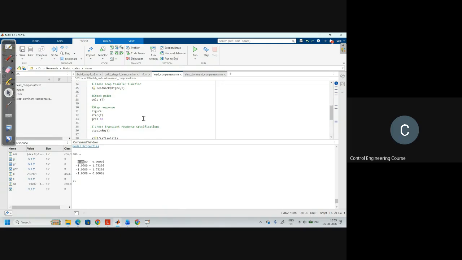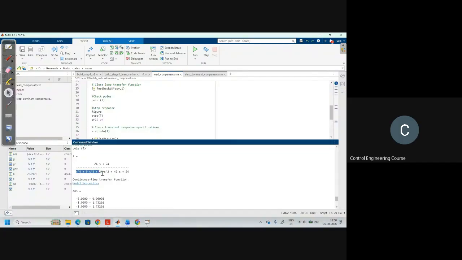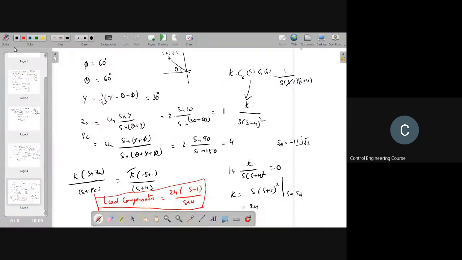The reason for this is, if you see here, the transfer function which is calculated is not cancelling the open loop pole and the compensator 0. It's actually taking it as a fourth order system. What we got after designing is a third order system, right?